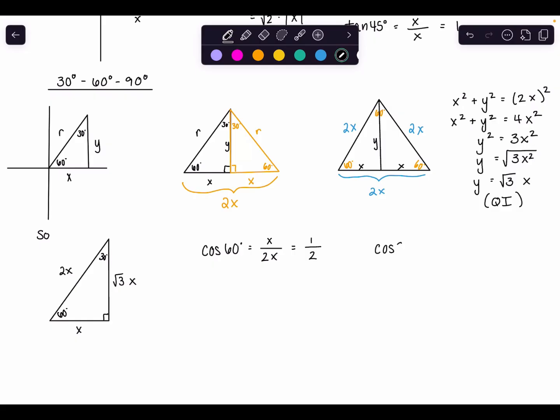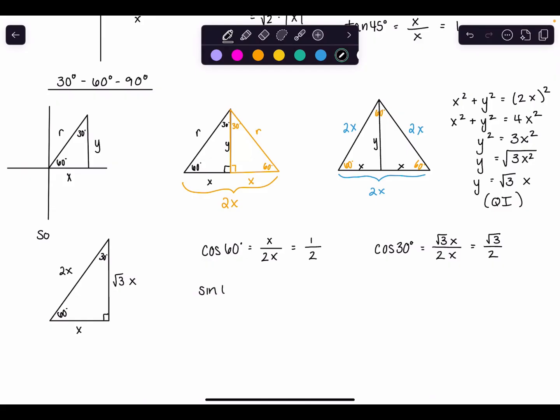If I look at cosine of 30 degrees, 30 degrees is right here. That's going to be adjacent over hypotenuse. So that is root 3x over 2x. And again, the x's cancel. So cosine of 30 degrees is root 3 over 2.